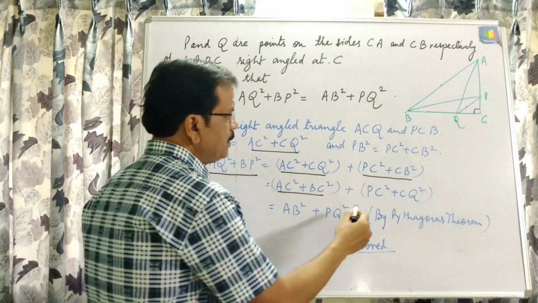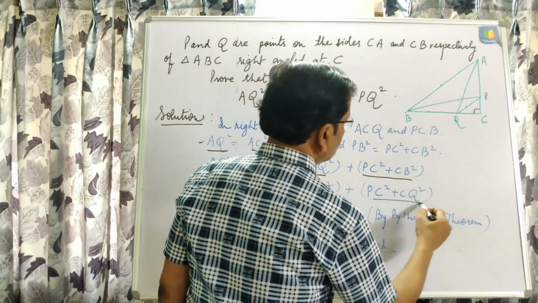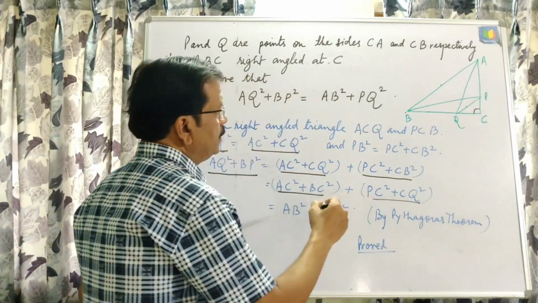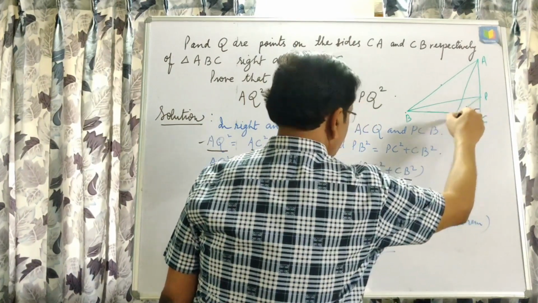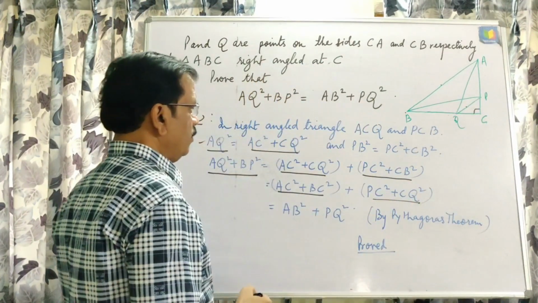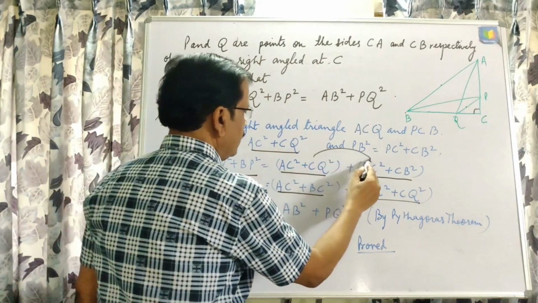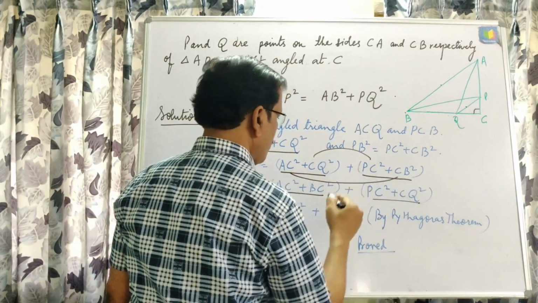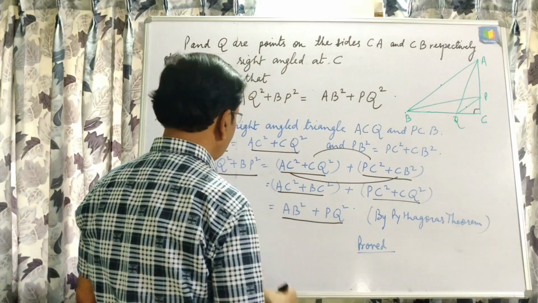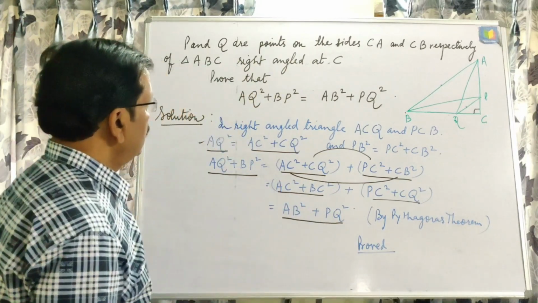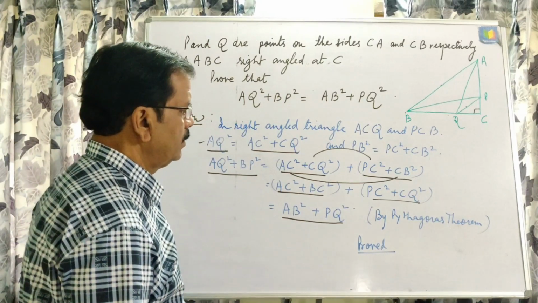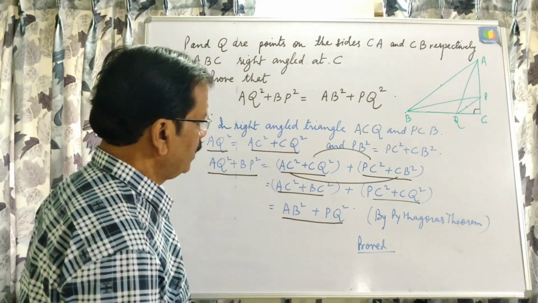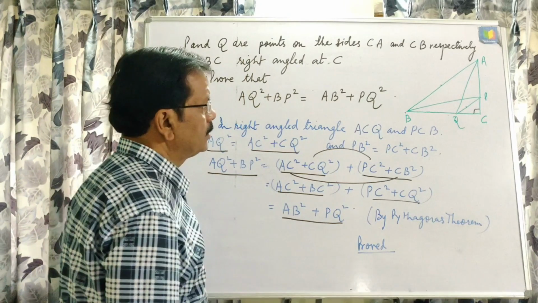In the same way, PC square plus CQ square, we can write PQ square. Rearranging this way, we are getting AQ square plus BP square is equal to AB square plus PQ square by following the Pythagoras theorem.